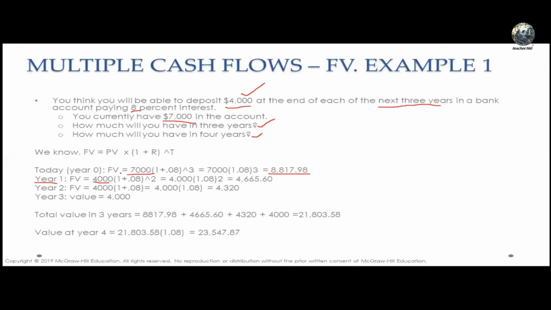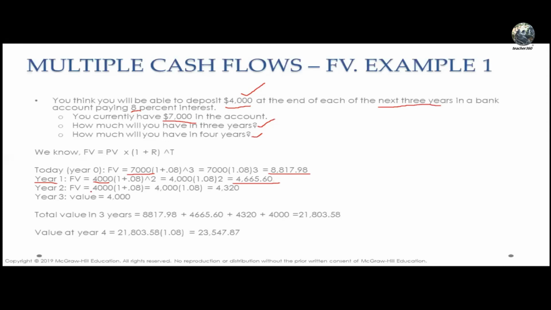So 4,000 times 1 plus 8% interest to the power 2. So you will get $4,665.60. This is the future value of your first year deposit of $4,000.